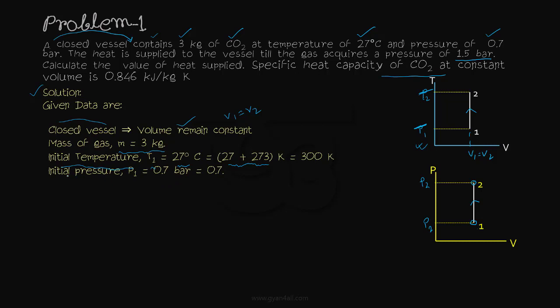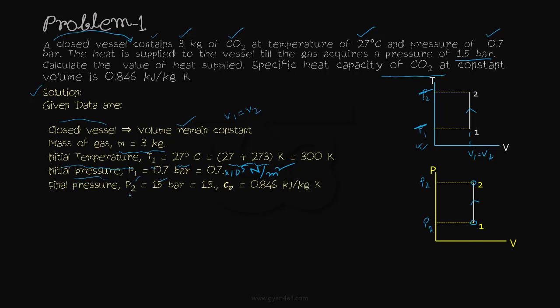And initial pressure is P1, which is 0.7 bar, or we can convert it to 0.7 into 10 to the power 5 Newton per meter square. If necessary, we have to convert it to Newton per meter square. Let's see what we have to do. We can consider bar also in this problem.